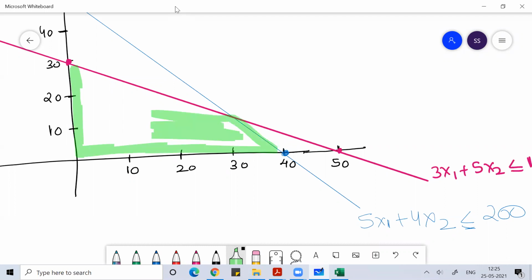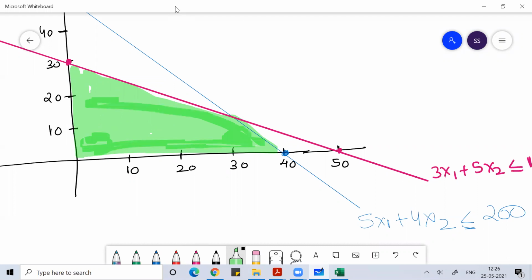So the area which is common, which we call the feasible area, the feasible region, this would be the feasible region.